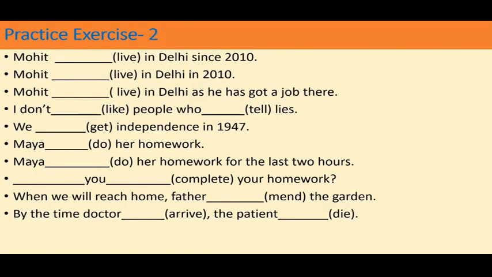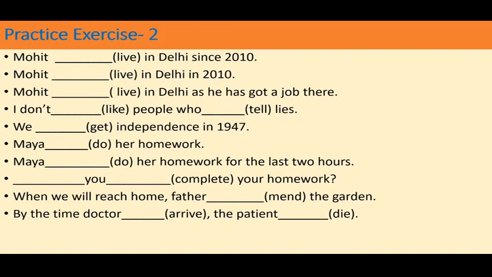Next exercise. First sentence is: Mohit dash in Delhi since 2010. In the bracket the verb is live. Next sentence. Mohit dash in Delhi in 2010. The verb in the bracket is live. And the third sentence is: Mohit dash in Delhi as he has got a job there.